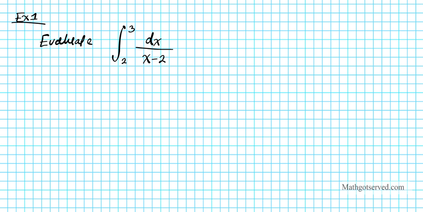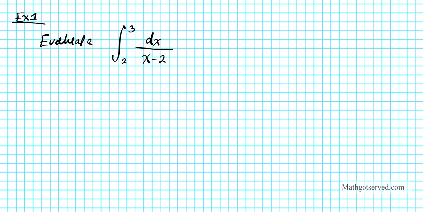Wait, let me change the limit here. Let's go from, yeah, that's right. Okay, so we have a discontinuity at 2. That means that at the lower limit of integration there's a discontinuity, so this is an improper integral.